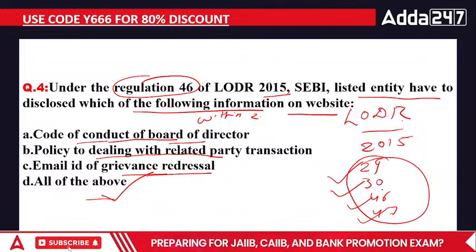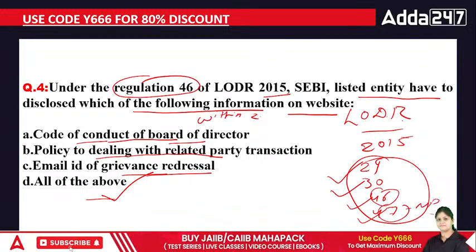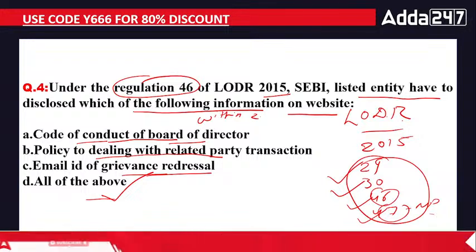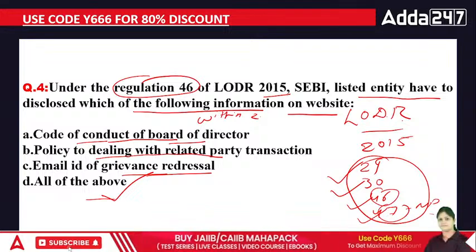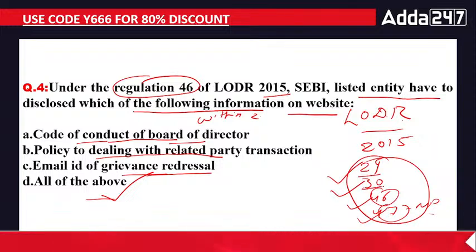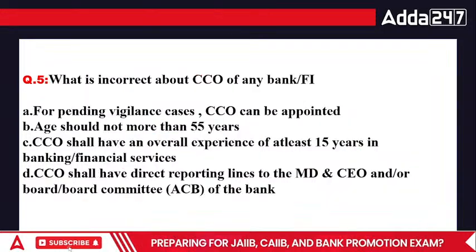Regulation 46 is about the website, and 47 is about newspapers, where some items have to be disclosed in one local newspaper and one English newspaper. Then there are regulations 29 and 30. So please remember all four regulations.